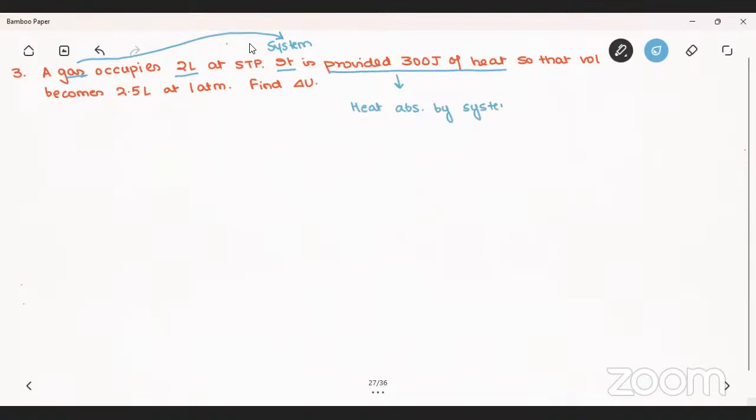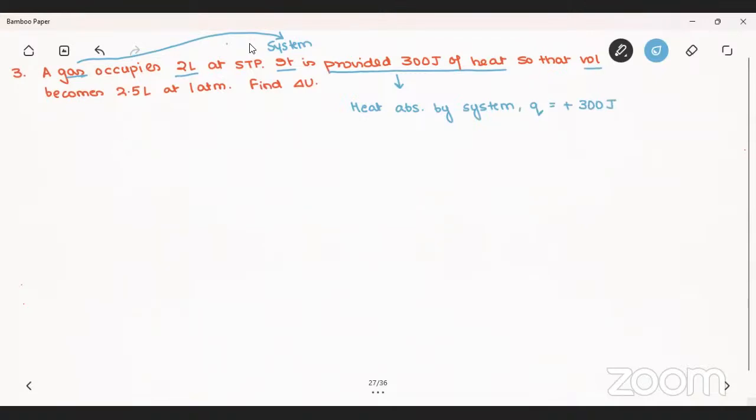So what will be the value of Q? Positive or negative? So for Q, we will write 300 joules, but positive or negative? Positive, since it is absorbed by the system.